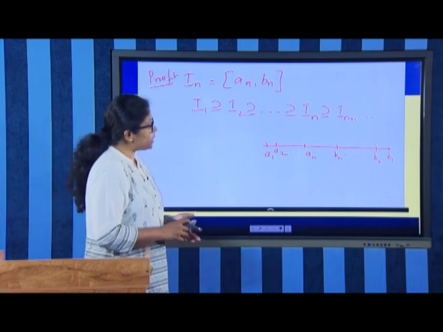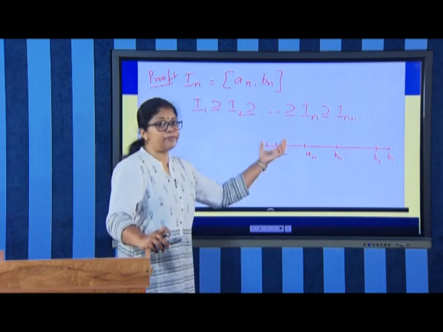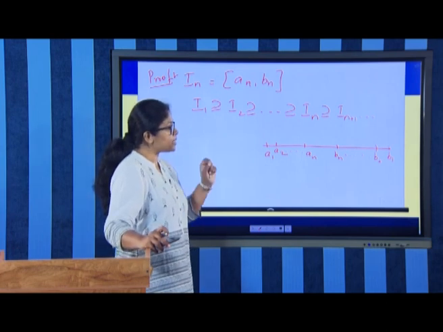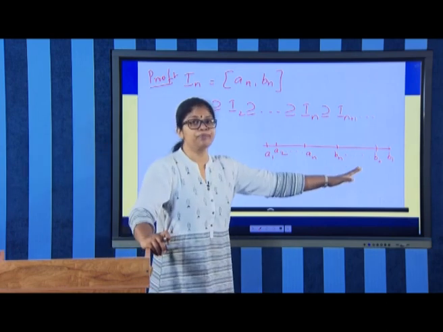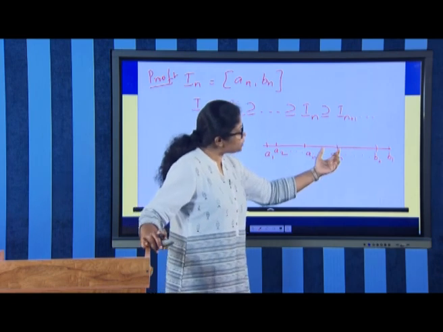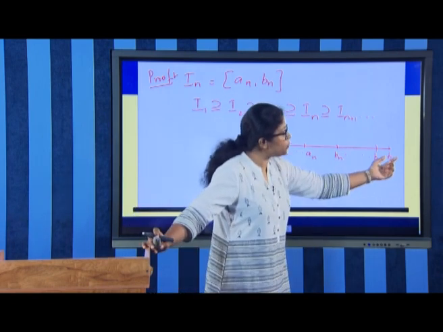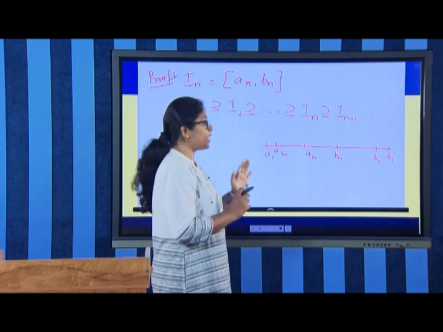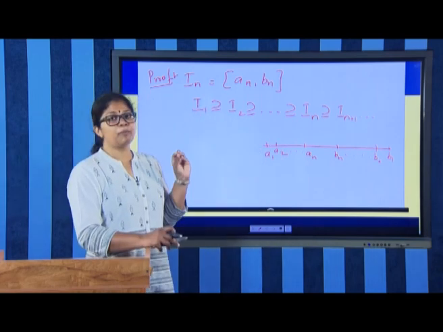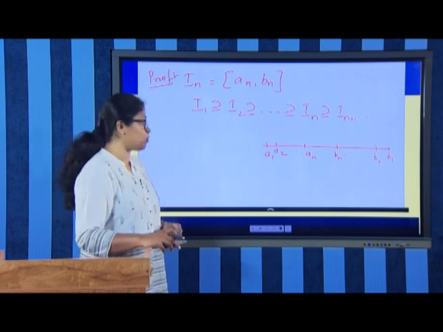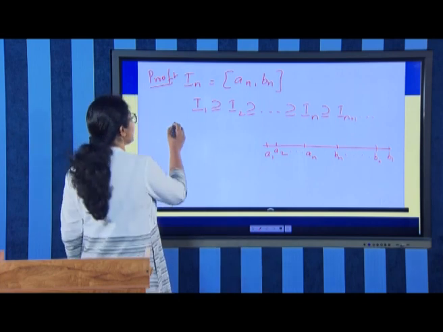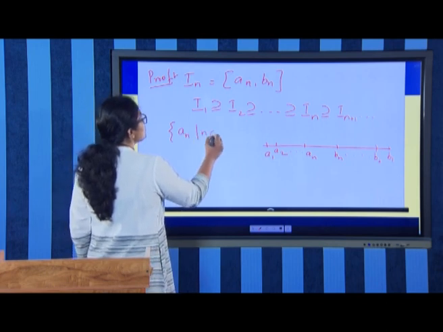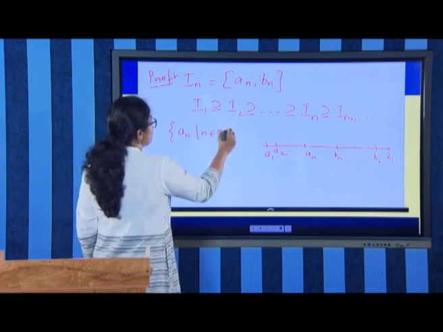If you take the set of all the left endpoints of these intervals, we can see that they are bounded above. And if you take the set of all the right endpoints, they are bounded from below. That is the main point on which the proof is based. So, you take the collection An where n belongs to the set of all natural numbers.